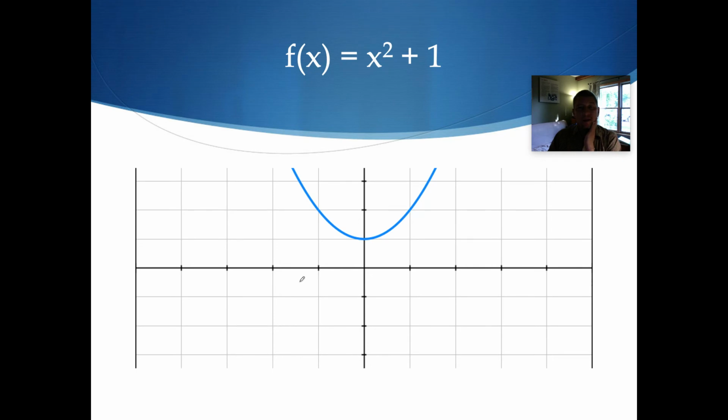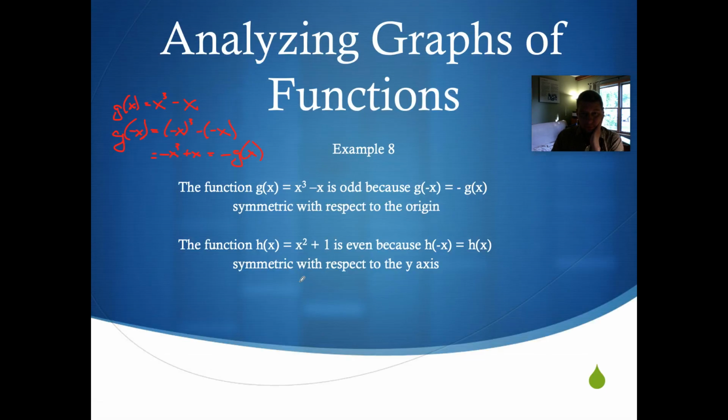Now, in this example, and I'm going to go back, h of x equals x squared plus 1. And so h of negative x is going to equal negative x quantity squared plus 1.